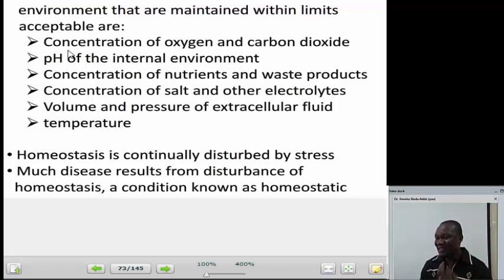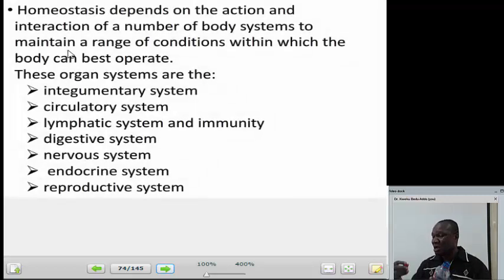Now, diseases result from the disturbance of homeostasis. So normal human beings, when we are not troubled, would have homeostasis. But stresses can cause imbalance in homeostasis.